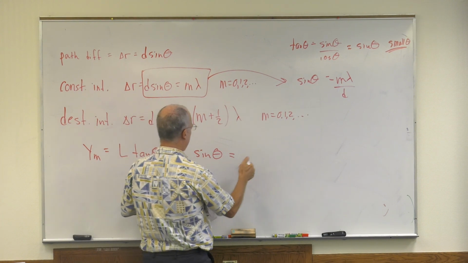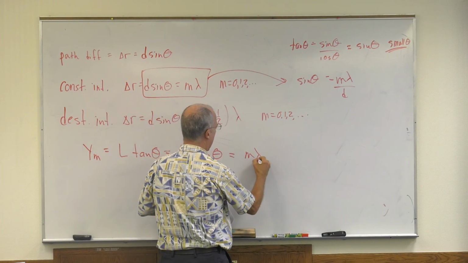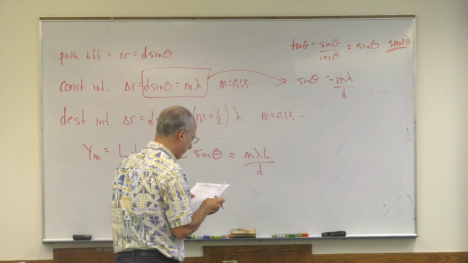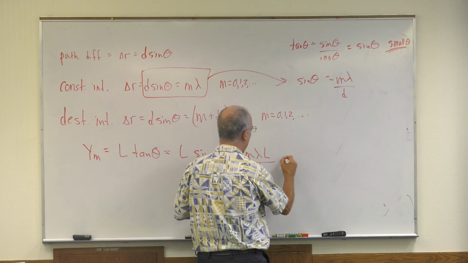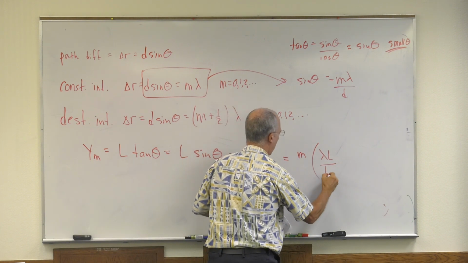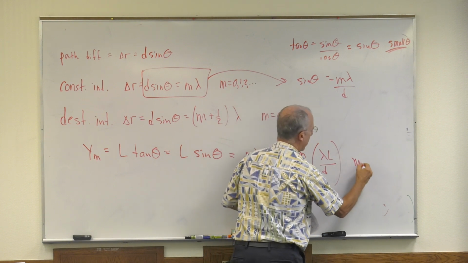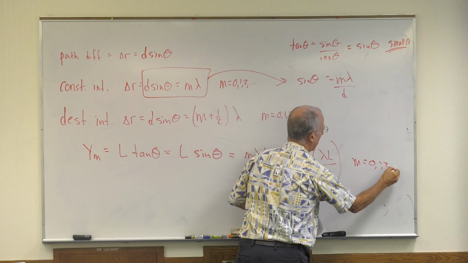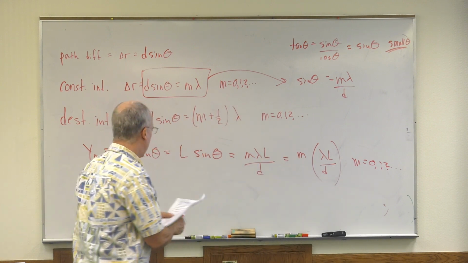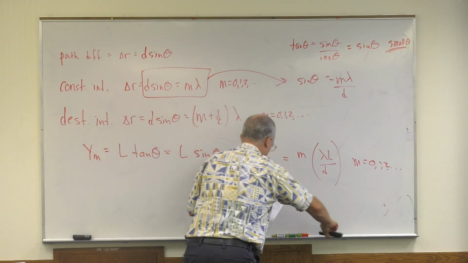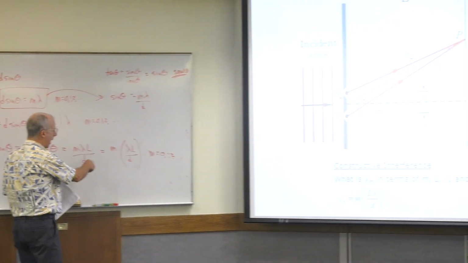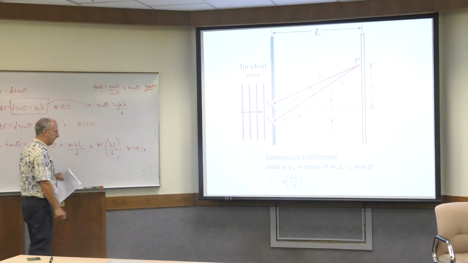We have ym equals L times m lambda over d, which we can write as m lambda L over d, because remember, m is an index, so it's nice to have the index outside. So there it is: ym equals m lambda L over d.